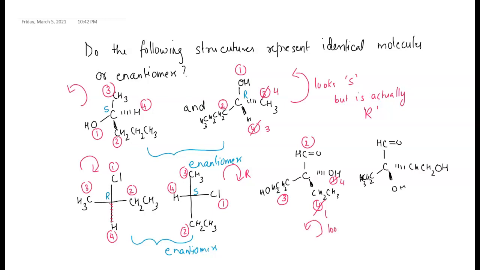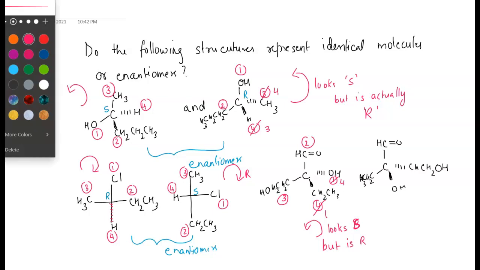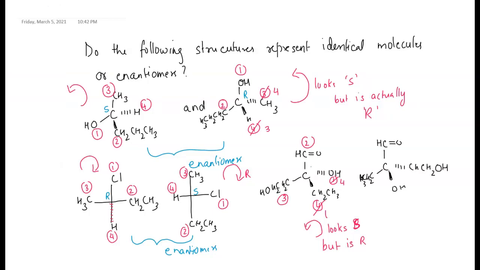So it looks S because see, it's an anti-clockwise, right? Looks S, but is R. Okay, so that is, this carbon atom has a R configuration.